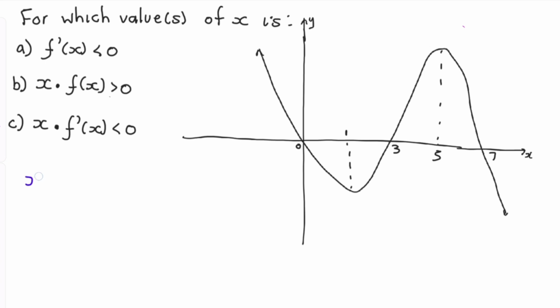Now C, we want x times f prime x to be less than 0. Remember that f prime x is the gradient. So if something is less than 0, that means it is negative. So we can have positive x values and a negative gradient.